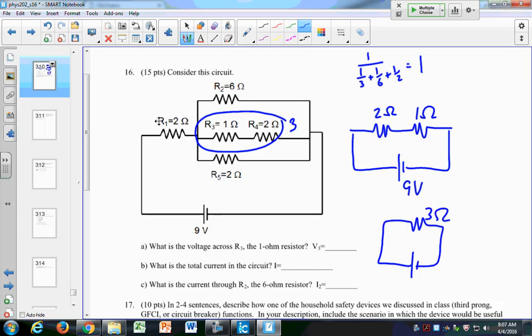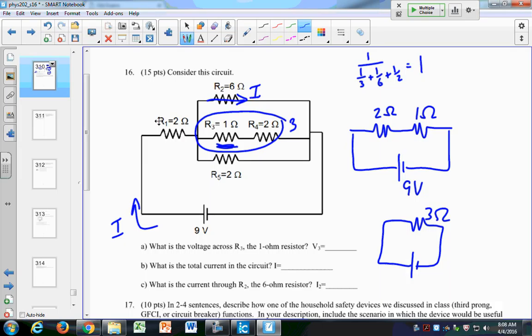And I'm looking for the voltage across R3, so the voltage across this resistor, the total current in the circuit, that's this current, and the current through R2, which is this resistor. I want to know I through that resistor.